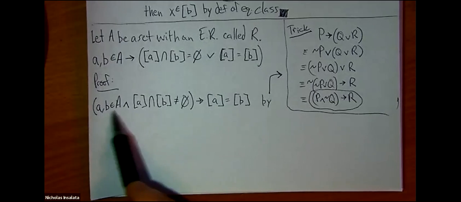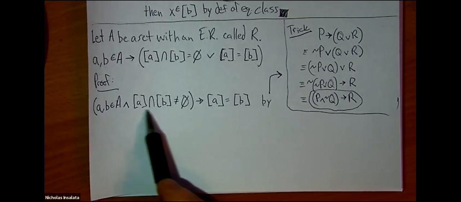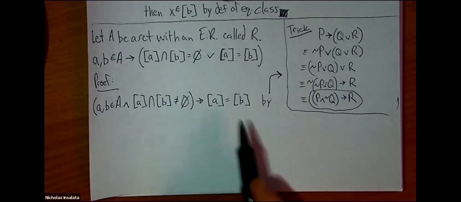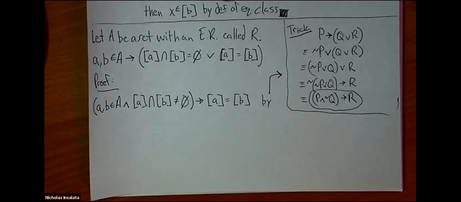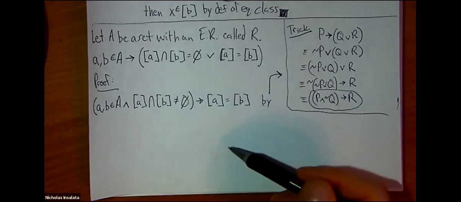So I say, I've got these things in A and their equivalence classes intersection is non-empty. How do I then show that A and B are actually the same equivalence class? Okay, so I'm wondering, what do I do next was the question.